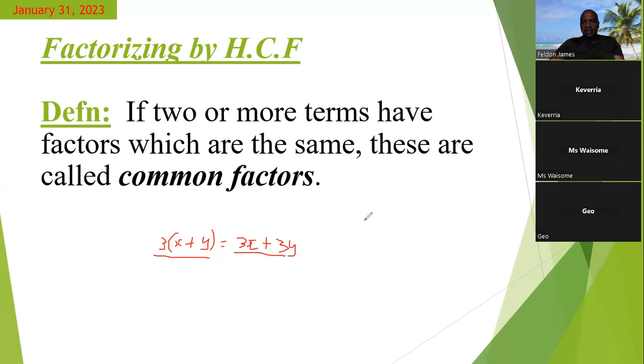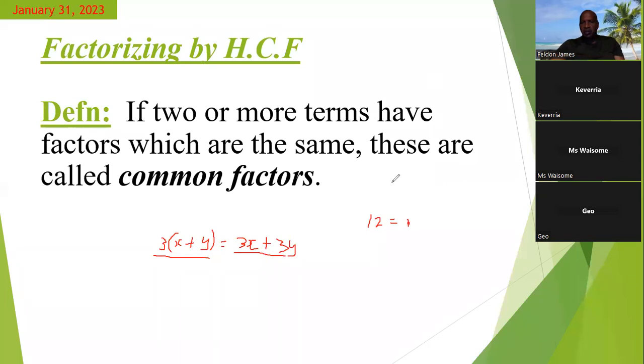So let me say, if we have 12 as a number, and I say to factorize 12, what it means is that we want to find numbers that we can multiply together to give you 12. Give me some example of some numbers that we could multiply together to give you 12. 2 and 6, sir. So you could use 2 and 6. 1 and 12.